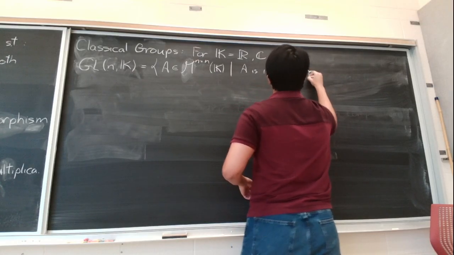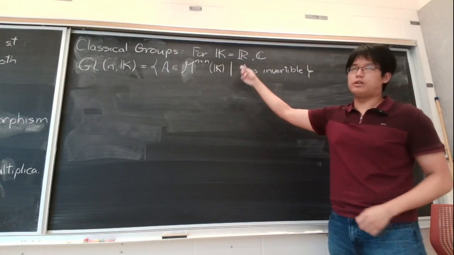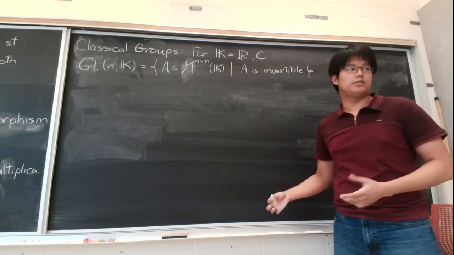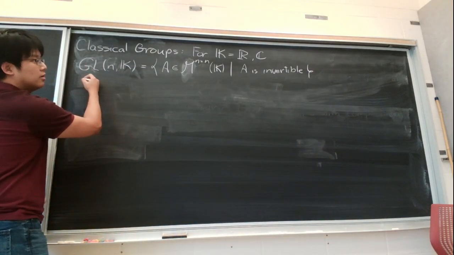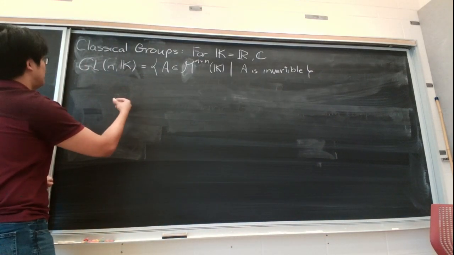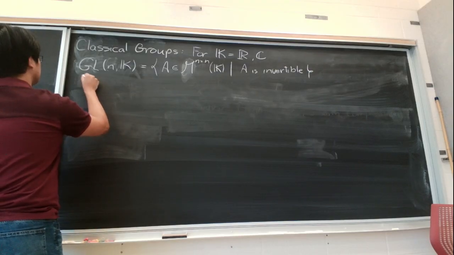So the general linear group for a certain field is just all invertible matrices for that field, with nonzero determinant. It acts on the n-dimensional vector space, which is k to the n.